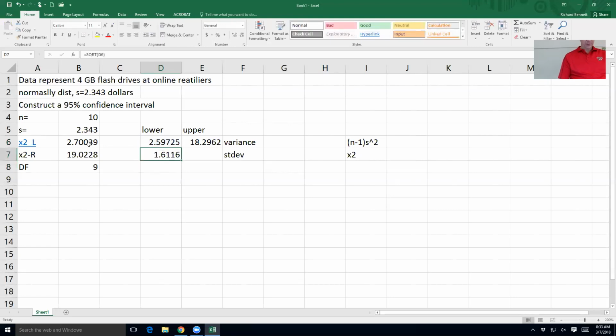Now, by the way, is 2.343 in my interval? Yes, it is. If it weren't, that's kind of a clue that you may have done something wrong. So pay attention whether it says variance or standard deviation. I could ask either one.